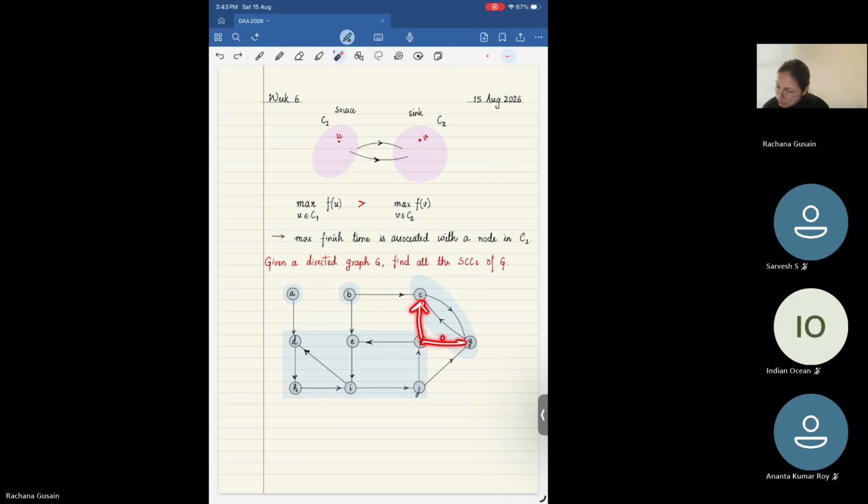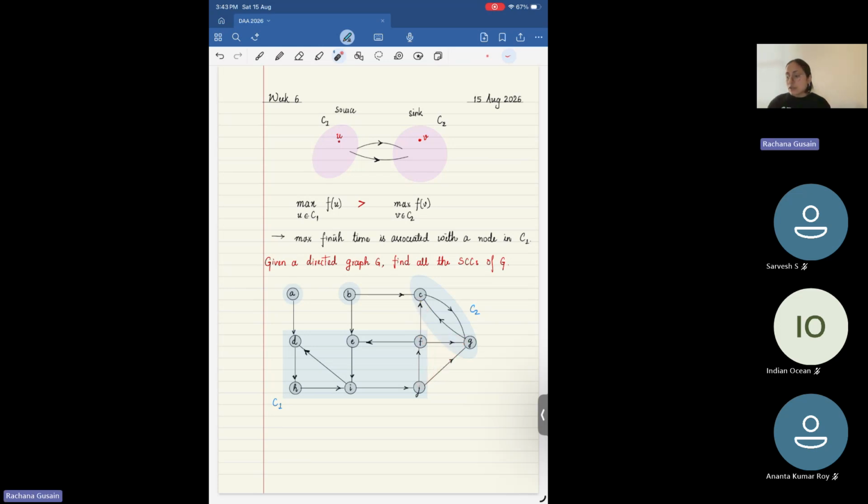This one, this, and this. Let's say this is component 1 and that is component 2. When I say edges between C1 and C2, I mean edges between vertices in C1 and vertices in C2. You will see that the edges are in one particular direction. They are going from C1 to C2.